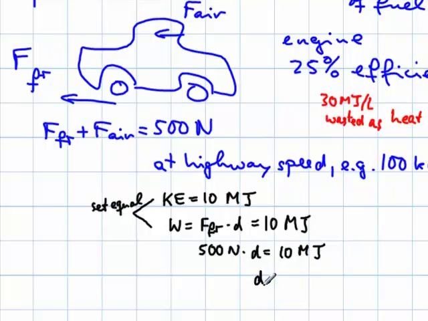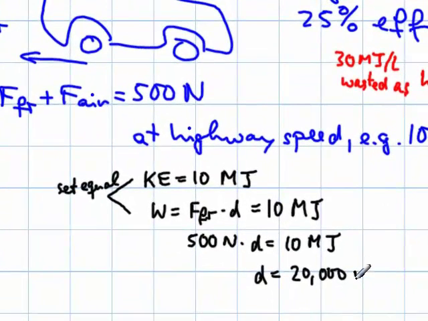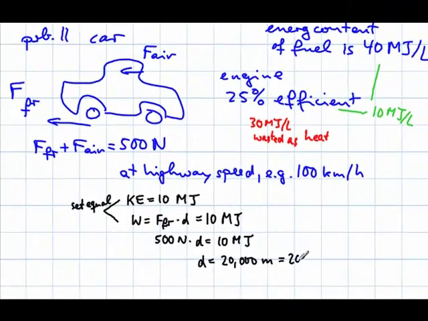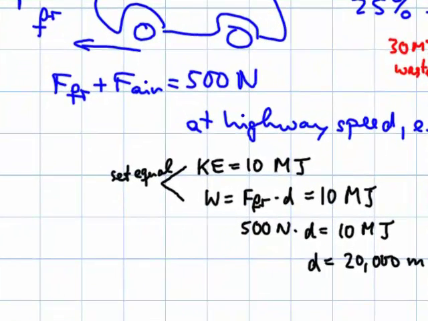Well, we divide the two, so distance equals 10 million divided by 500, which comes out to 20,000. We're in base units, so joules divided by newtons is meters. Remember that the joule is also newton meter, and that of course is 20 kilometers. 20 kilometers is 12.5 miles.